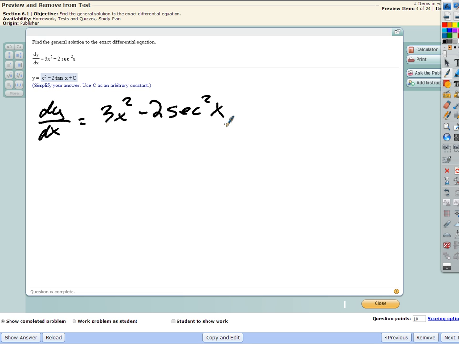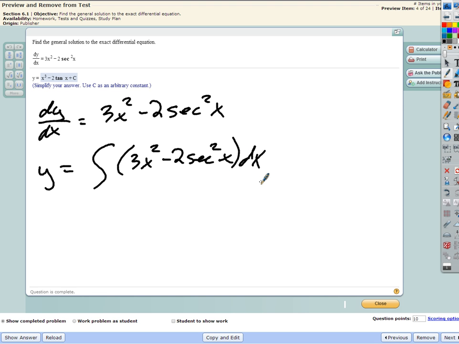So now we know to set this up in terms of an indefinite integral. We used to call it antiderivative, same thing. So y equals the integral of 3x squared minus 2 secant squared x dx.